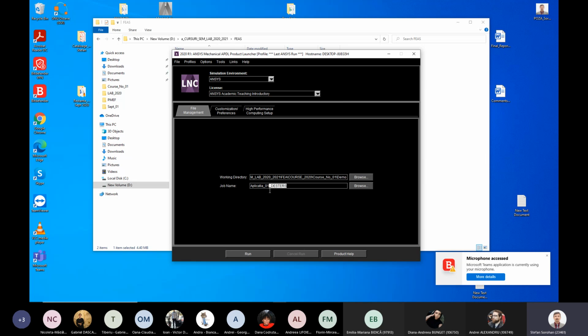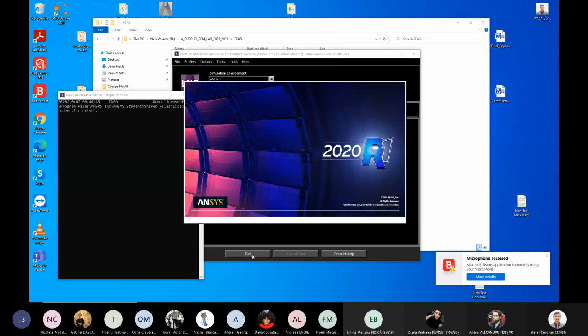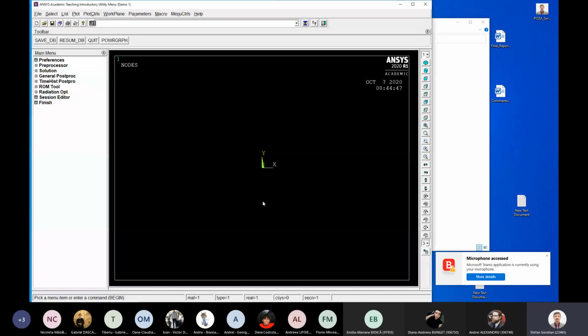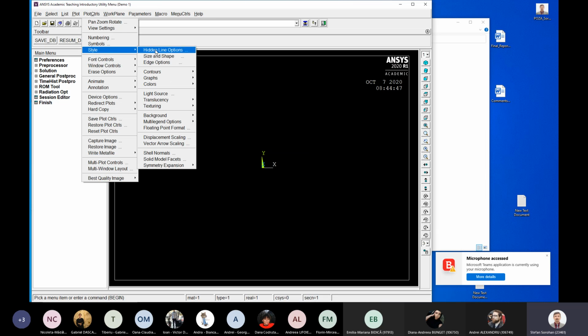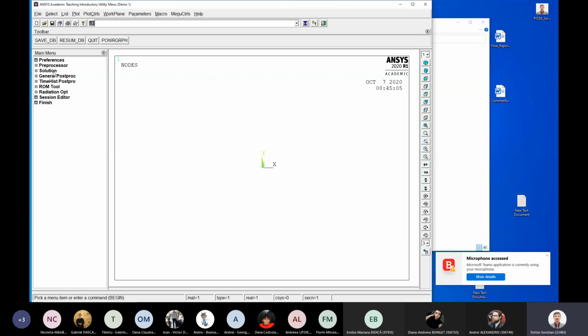This is, let's say, demo 1. So this is a finite element code, a commercial one. It's not very simple to use, but I will show you just in a few clicks. Because it's easier to see on white, I will change the background here.